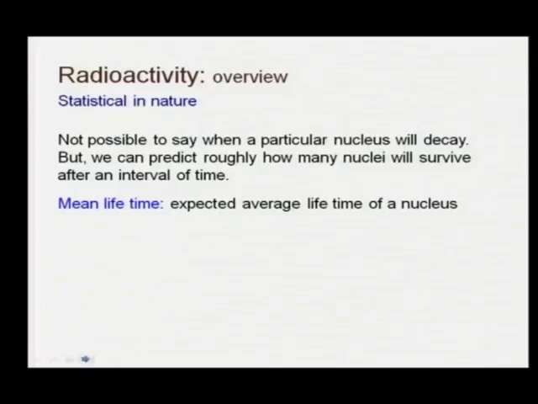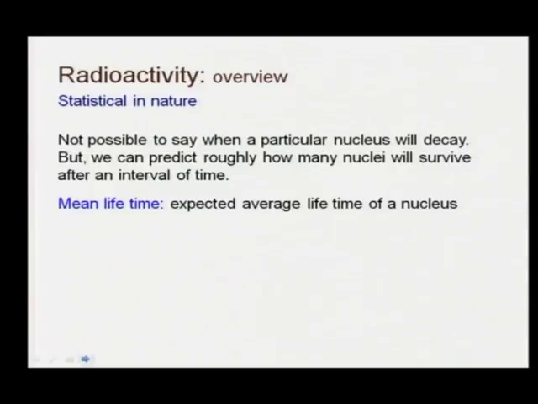So, that is equal to the natural logarithm of 2 divided by the decay constant lambda. As I said, it is statistical in nature. It is not possible to say when a particular nucleus will decay, but we can predict how many nuclei will survive or decay after a particular interval of time.